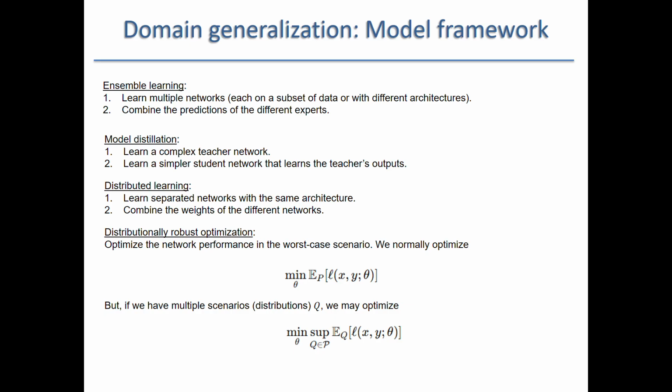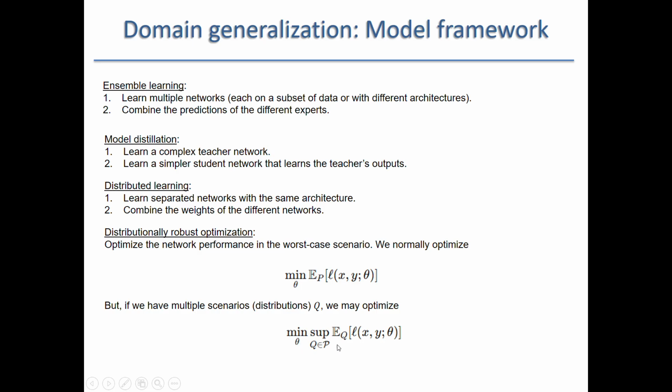Or there is distributionally robust optimization, which is learning for the worst case scenario. Typically we minimize the expected loss according to some distribution. But if we have multiple distributions, multiple scenarios, we may try to learn a kind of minimax.